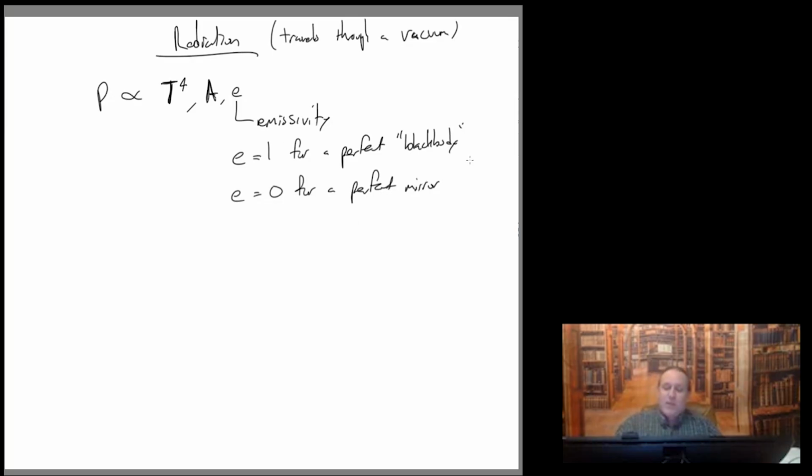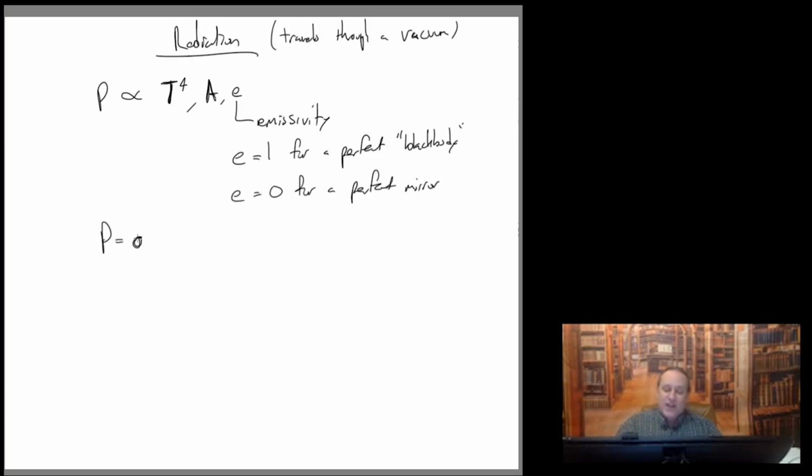So anyway, this is a number. Most of the problems we do will either give us the emissivity or assume it's a perfect black body. The sun is considered to be a perfect or nearly perfect black body. It's a very good emitter of light and therefore a very good absorber of light, but we only see the emission side of it.